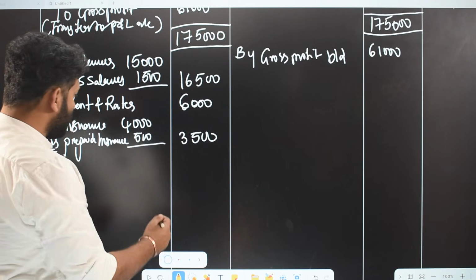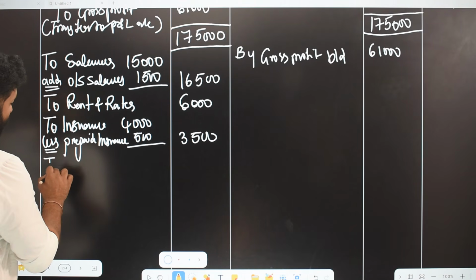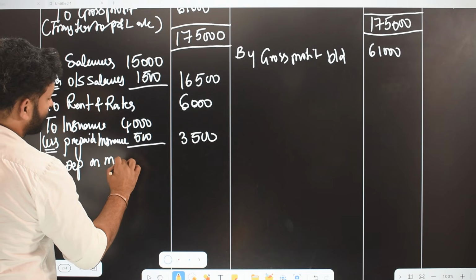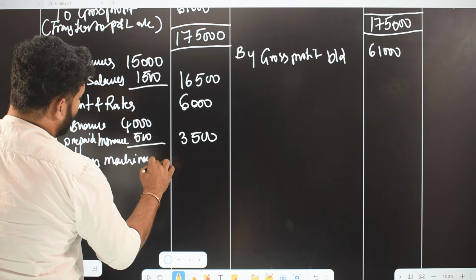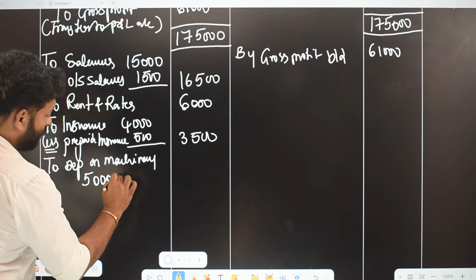Now the loss is on the debit side of profit and loss account ma. To depreciation on machinery. Yeah, value of machinery is 50,000.